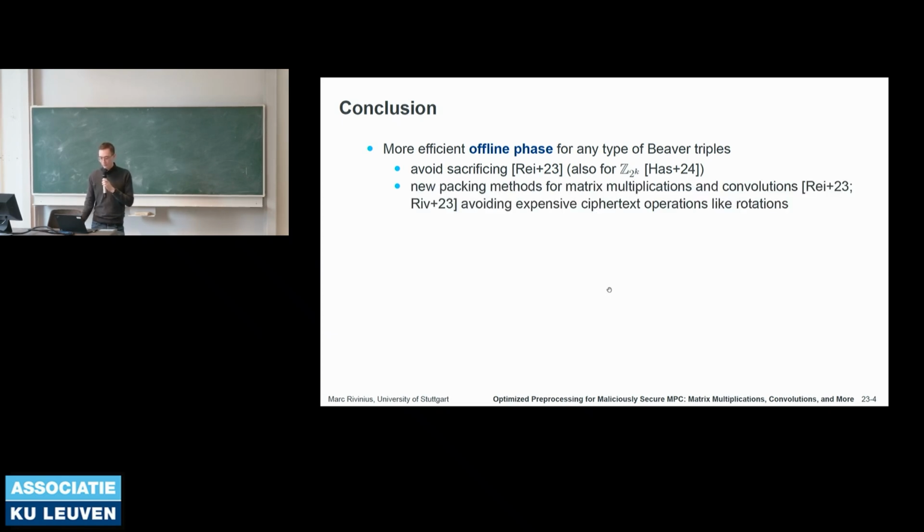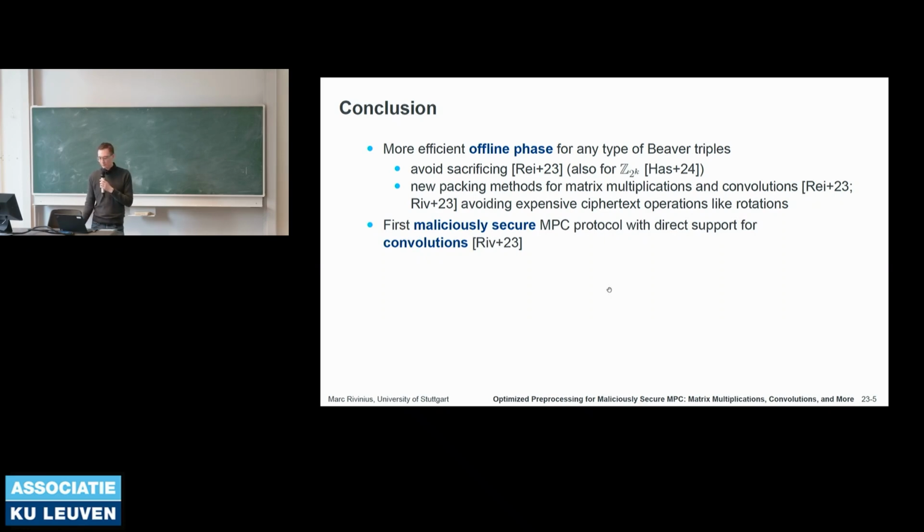We have new methods for how we can pack in matrix multiplications and convolutions, and one big gain in efficiency is by not doing as many heavy ciphertext operations, but keeping it to simpler plaintext-ciphertext operations. Also, this is the first actively secure MPC protocol that directly does the convolutions without going through matrix multiplications.